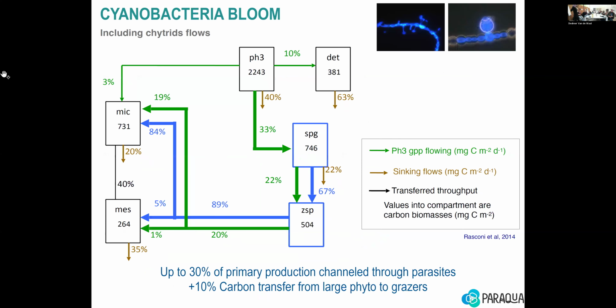We then calculated this also for a cyanobacteria bloom. You can see the carbon biomass that was estimated was larger. It was quite a massive bloom. And again, more than 30% was conveyed very effectively to the consumers.